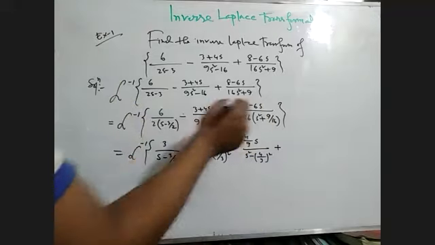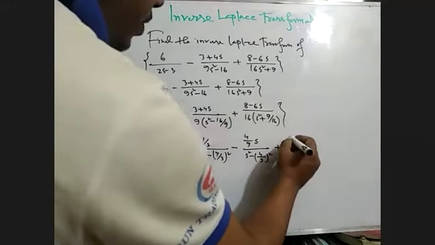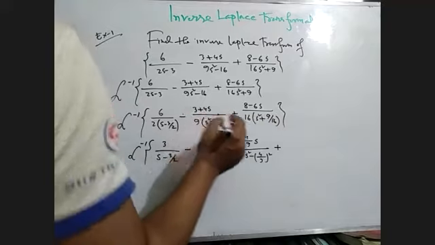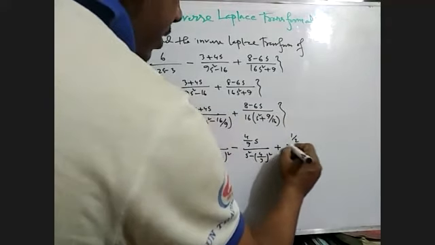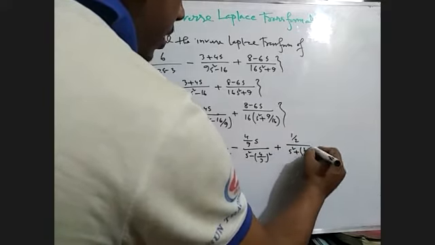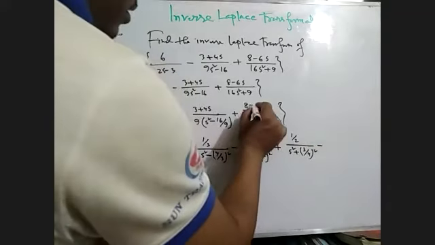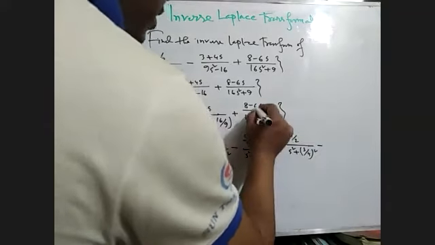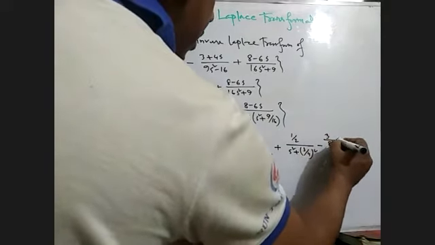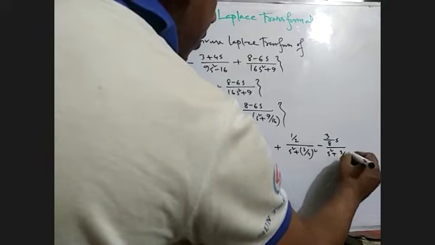Then we get another 2 terms: one is 8 divided by 16, that means half, divided by s square plus 3 by 4 whole square, and another is minus 6s by 16, that means 3 by 8 into s divided by s square plus 3 by 4 whole square.